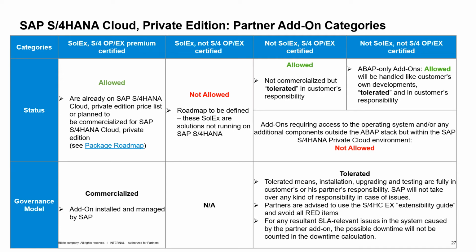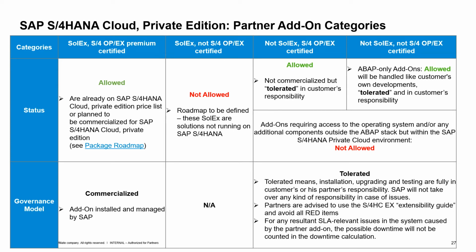Next, if we look at Solex, or solution extensions, that are not S/4HANA On-Prem or Extended Edition certified, they will not be allowed. So in essence, if the Solex is not on the price list, it is not going to be allowed. There is a roadmap being defined, and these Solex solutions currently are not running on S/4HANA. So they're not applicable.